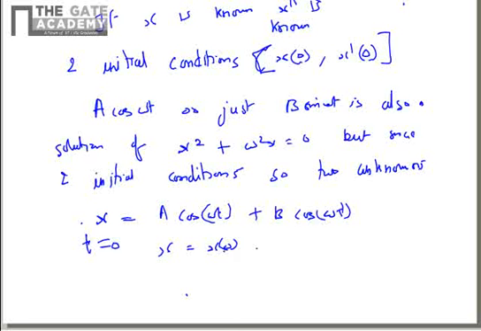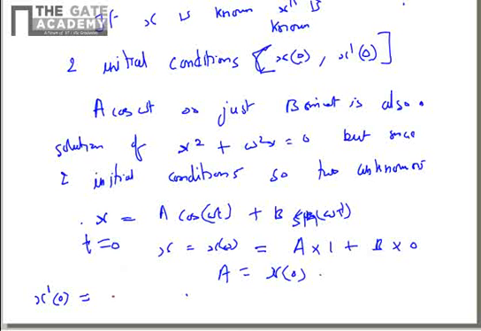So if at time equal to 0, x equal to x0, that will be equal to a cos 0, cos 0 is 1, plus b sin 0, and sin 0 is 0. So a you will get equal to x0. Now for determining b, you know x dash at 0.